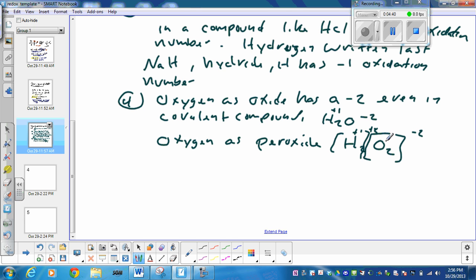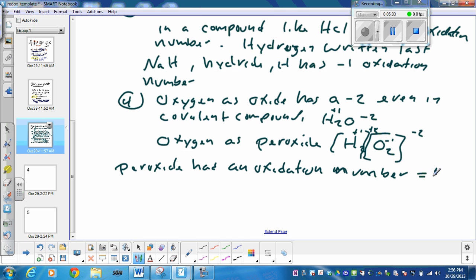So each oxygen has a -1. So peroxide has an oxidation number equal to minus 1.